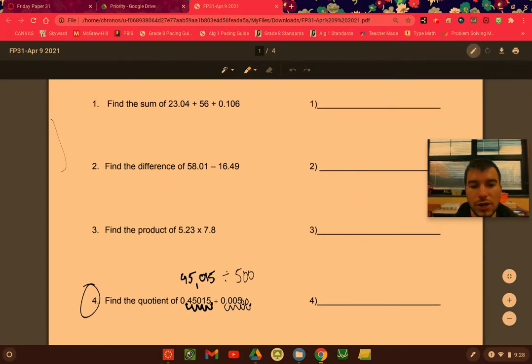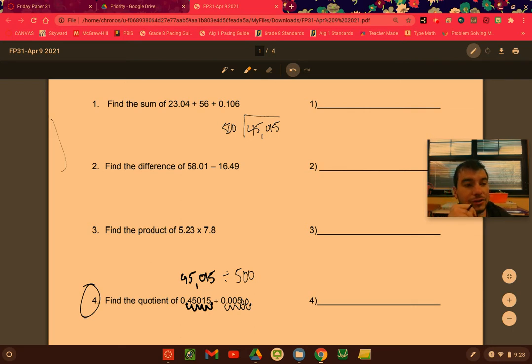So here we go. I have 45,015 divided by 500, so 500 goes on the outside. Now we go in and see how many times 500 can go into 4: 0 times. 500 into 45: 0 times. 500 into 450: 0 times.